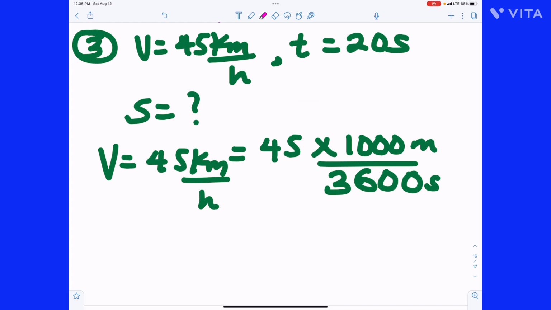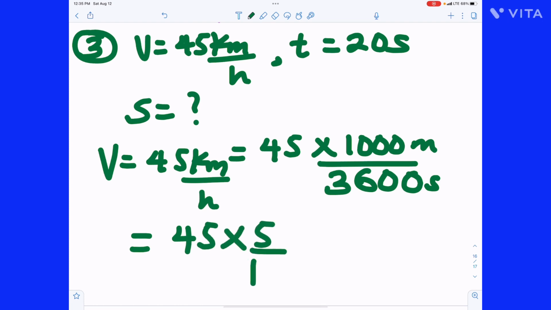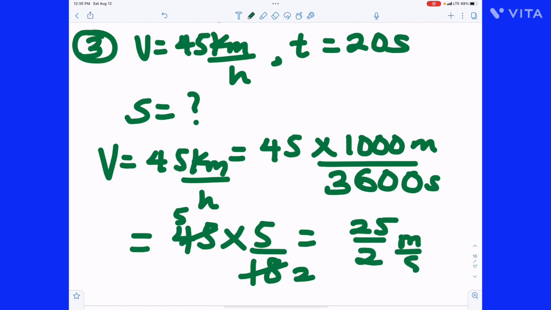So I'm changing my speed from kilometers per hour to meters per second by multiplying it by 5/18. 9 goes into 45 five times and into 18 two times. That gives me 25/2 meters per second.